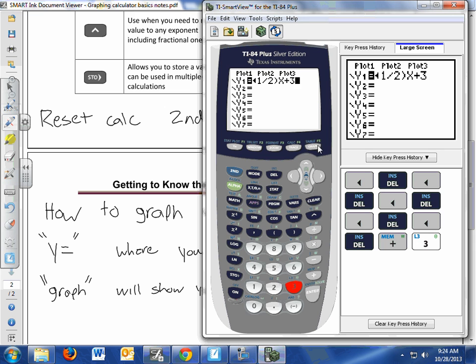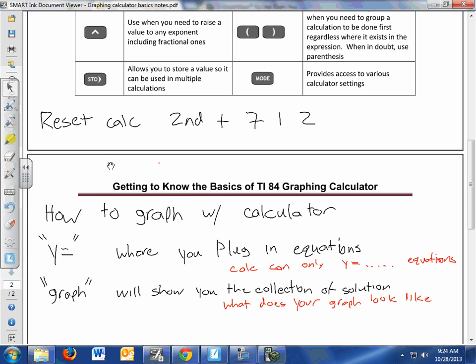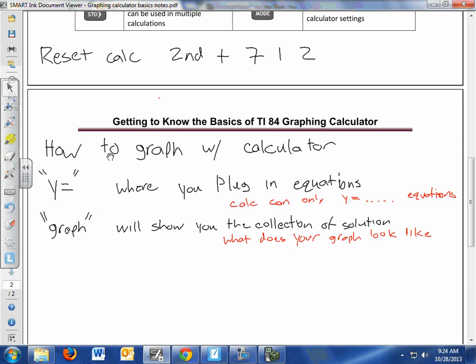All right. So once you've entered in your equation, you press graph, boom, you'll see the graph. So go do that.